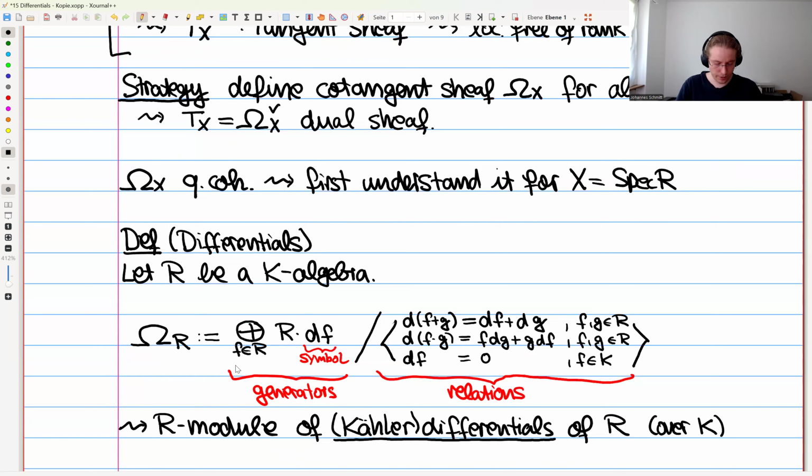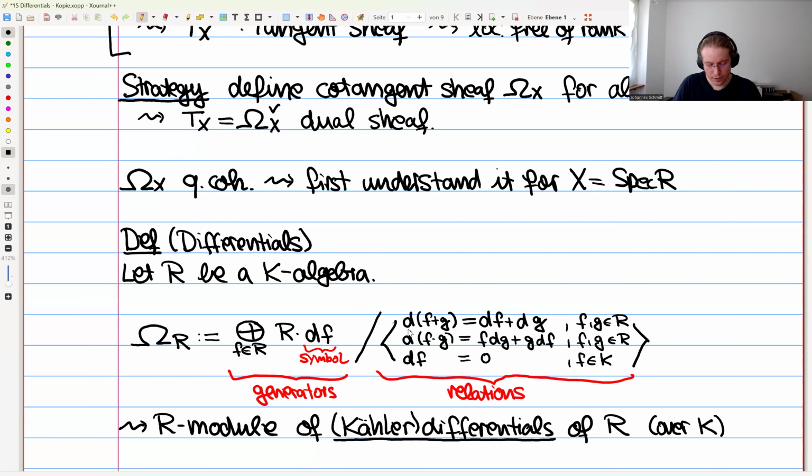So this would be a very, very large module like this, and these df's would be the generators. And then we divide out some relations. And here, this df should really be thought of as the differential of f, and then we have some idea how this differential should behave.